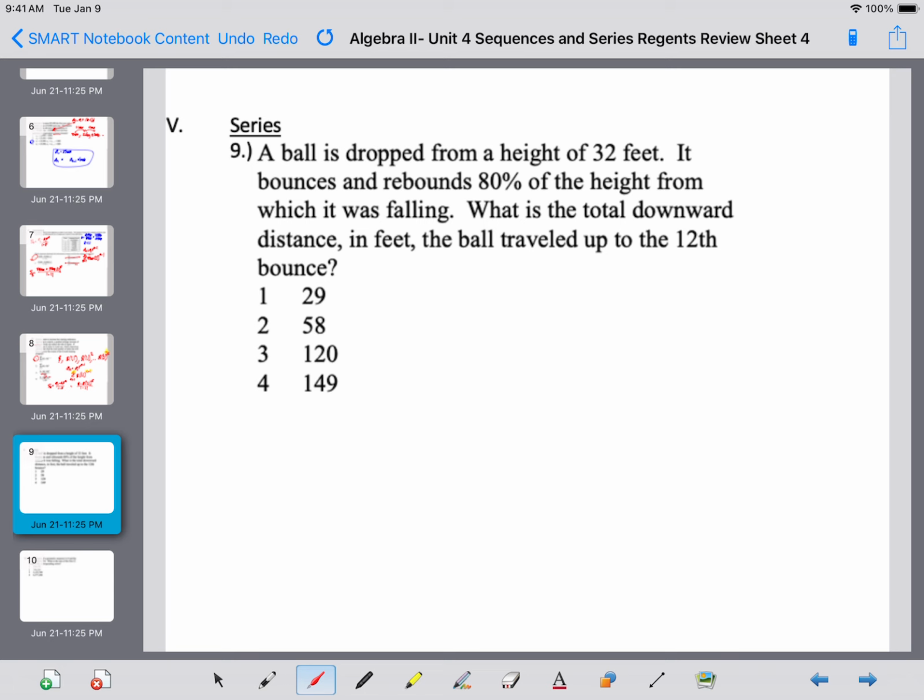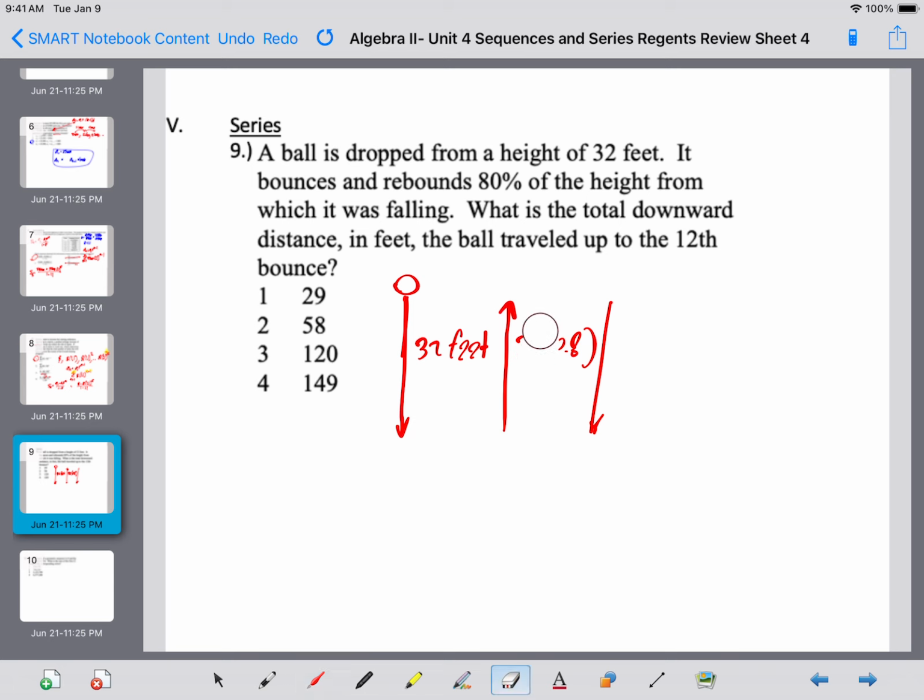Question 9. A ball is dropped from a height of 32 feet. It bounces at a rebound of 80%. I'm just going to do 32 times 0.8. 25.6.